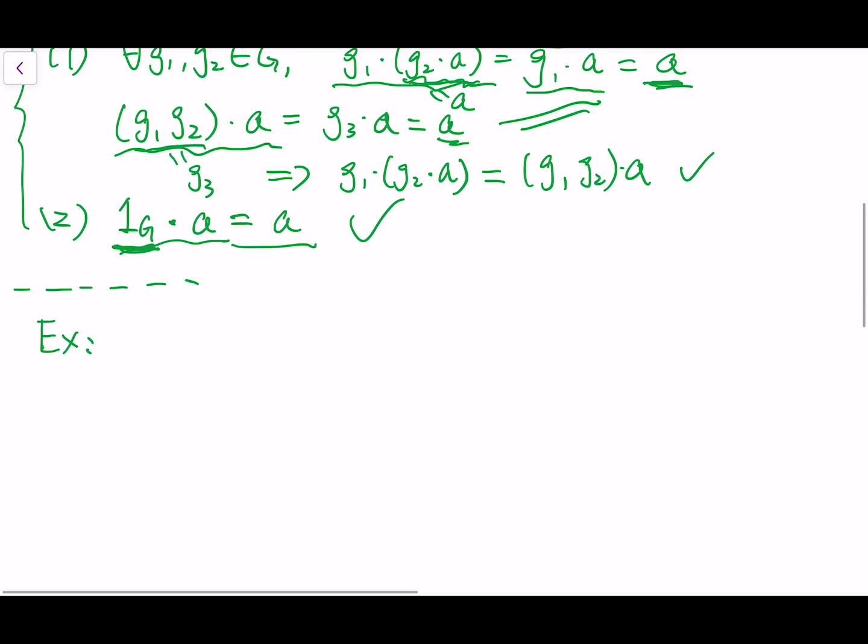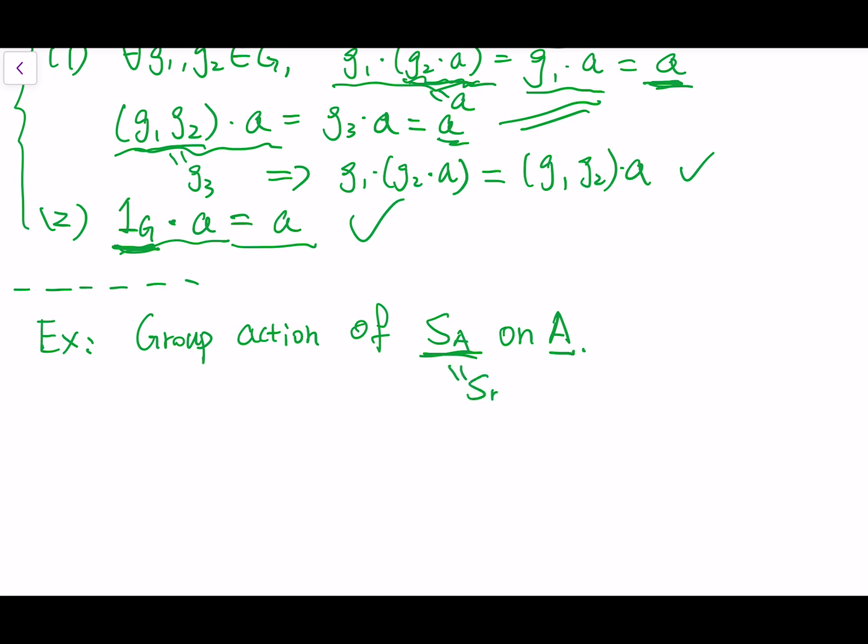This example is the group action of the symmetric group S_A on the set A. Here, this notation means the symmetric group over the set A, and this is equal to S_n where n is the cardinality of the set A, which means the number of elements in this set A. Sometimes we use S_n, where the subscript is a number, but we can also use this notation in which the subscript is a set.